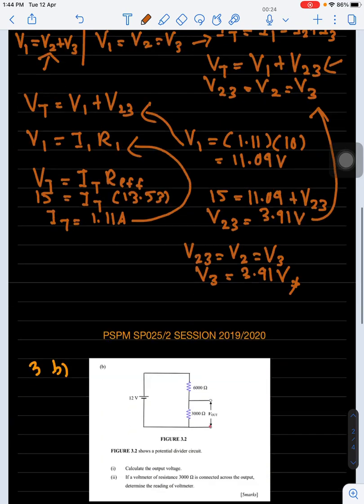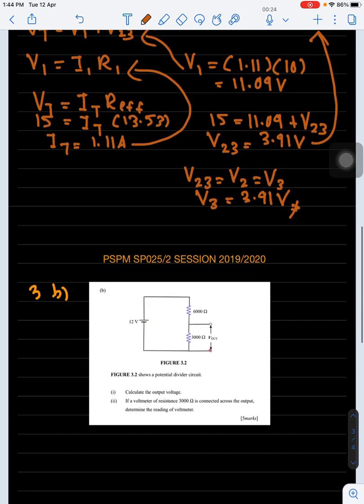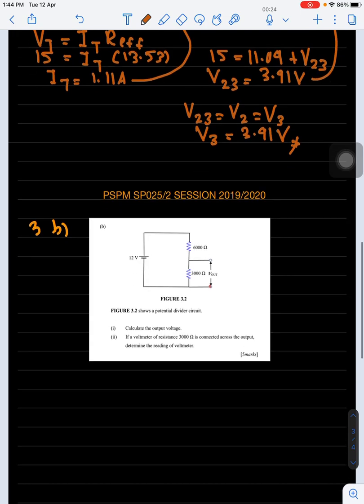Okay, the third question is from 2019-2020, 3B. So we have one series circuit here, consisting of 2 resistors. The first question, calculate the output voltage.